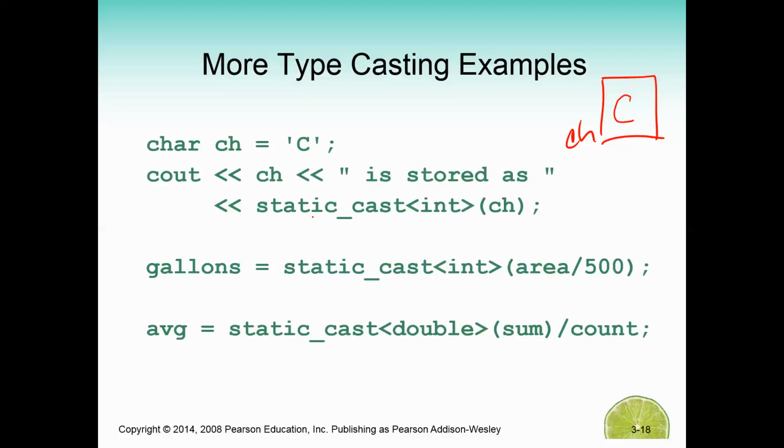And then the message is "C is stored as", and then we have static cast. Change it to an INT. What do I change to an INT? The C. So let's suppose that when we change this C to a number, it is going to be a 64. So this is what is going to display. C is stored as 64.